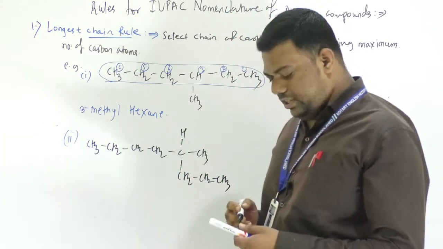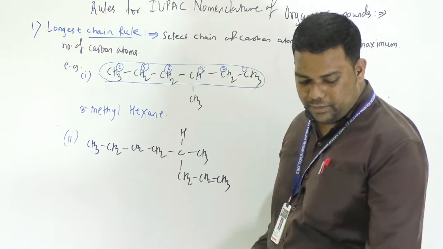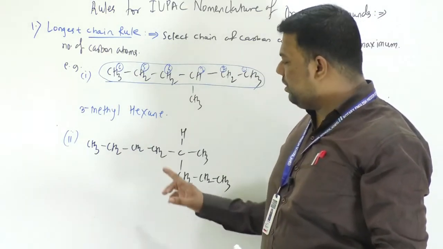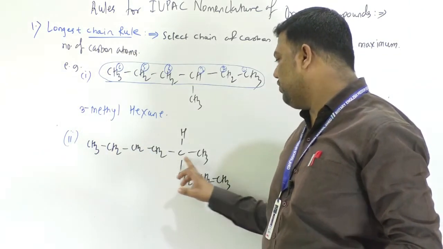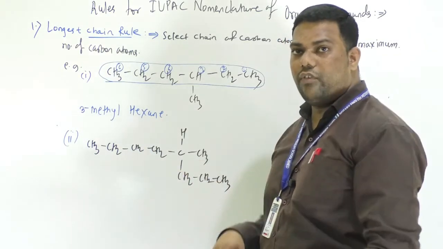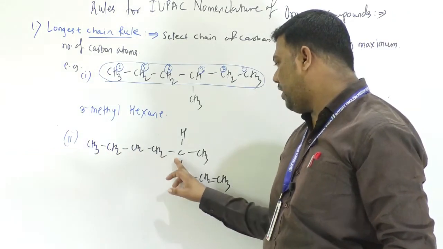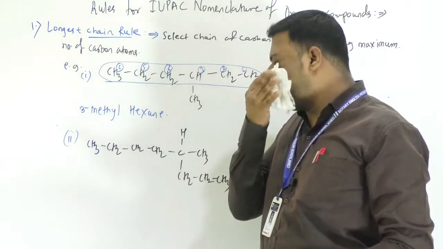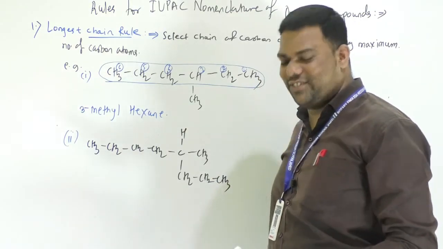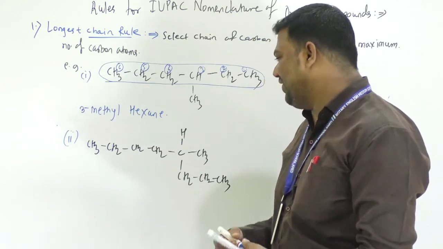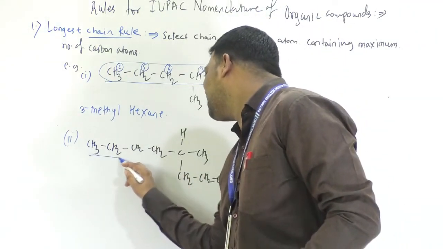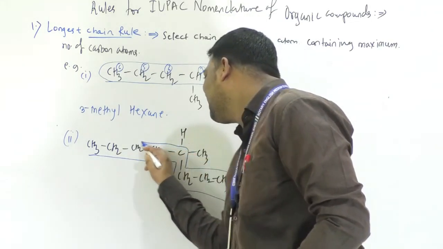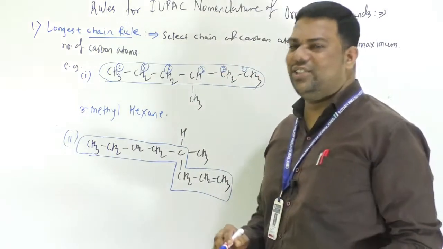In such a compound we have to select the longest chain, but how will it be selected? So see, 1, 2, 3, 4, 5, 6. Now 1, 2, 3, 4, 5, 6, 7, 8. So what is our rule? You have to select the longest chain first. So we have to prefer like this. Understood?